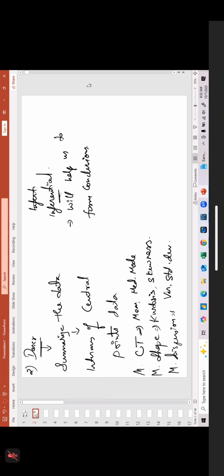What kind of conclusions? Based on the data that we get from descriptive statistics, inferential will help us to form conclusions. Take any one example of descriptive statistics and form some conclusions about that data. Anyone?